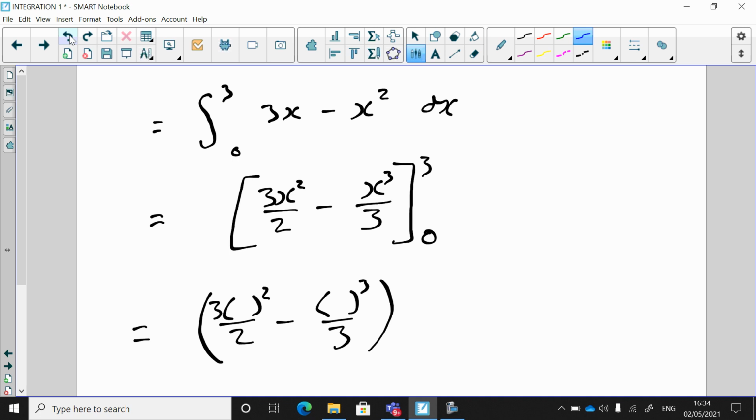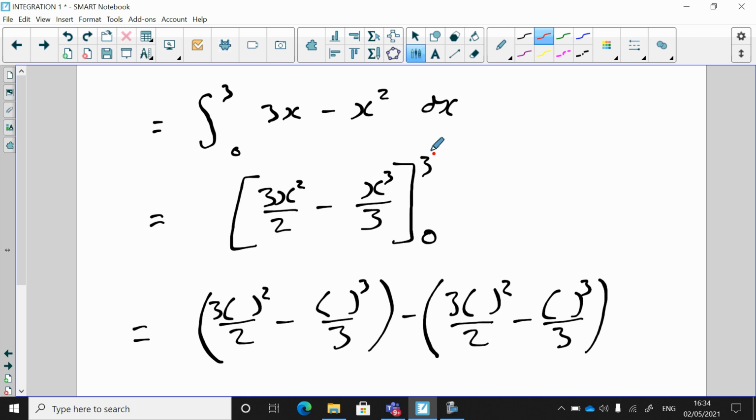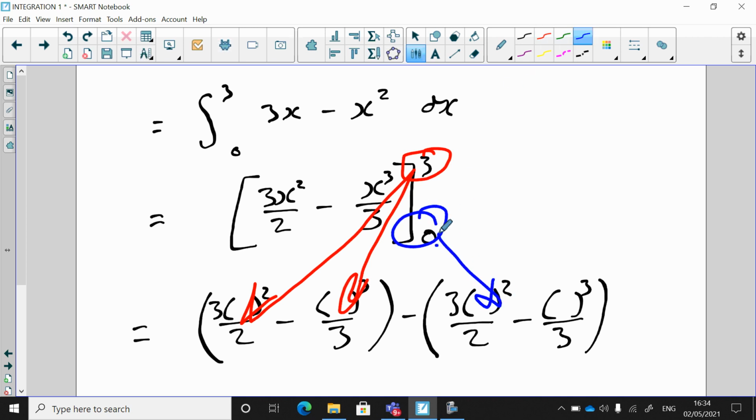I've got two of them, so I have to have another one, the exact same thing, but then I need to subtract between them because I'm taking one area away from another. So I'm going to take my upper limit of 3, that's going to get in there, and in there, and the lower value, which is 0, is going to get in there, and in there.